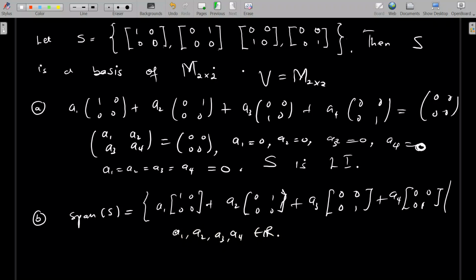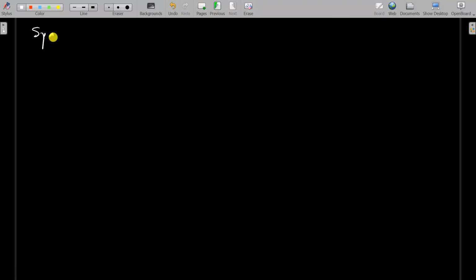Okay, so what's going to happen here is that we want to show that every matrix in the 2 by 2 vector space of matrices can be written as a linear combination of these elements.